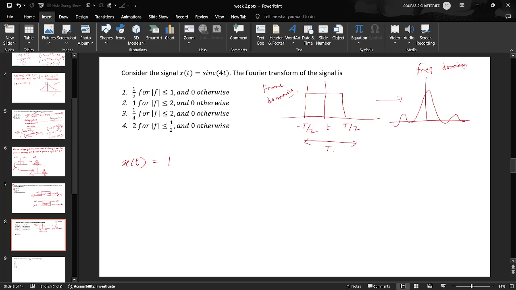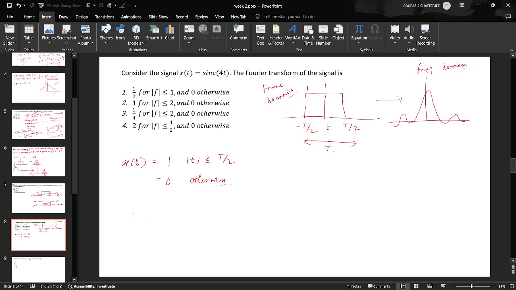This is 1 for absolute value of t less than or equal to T by 2 and 0 otherwise. So it's a time limited signal basically, and aperiodic of course, because there is no repetition, it is limited only to this time duration T. So we are supposed to find the Fourier transform of this signal.